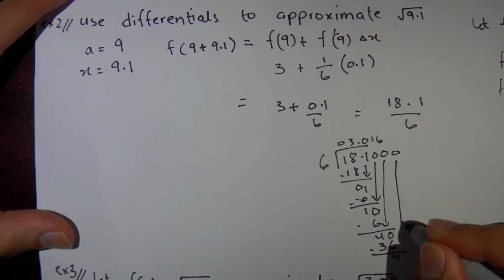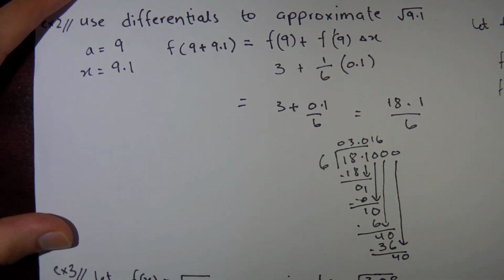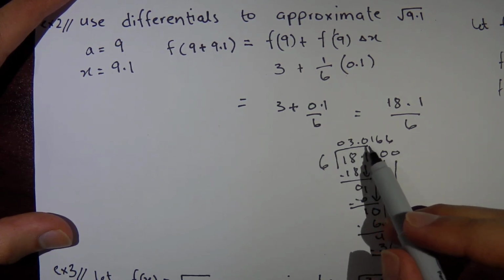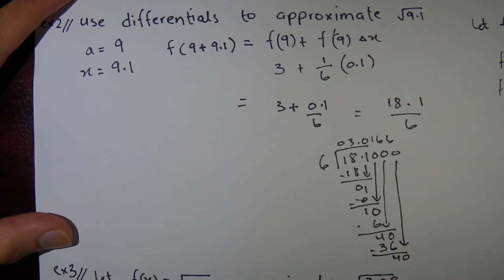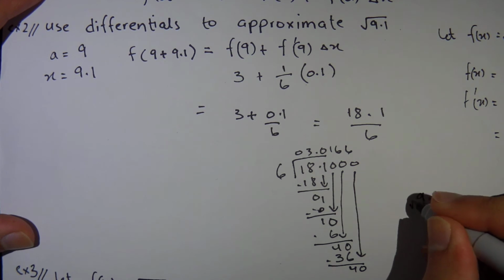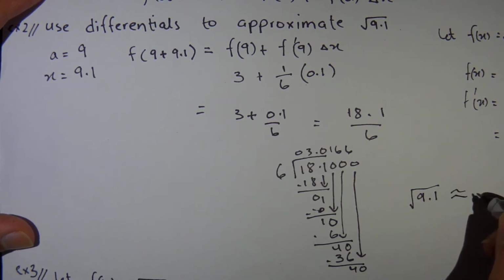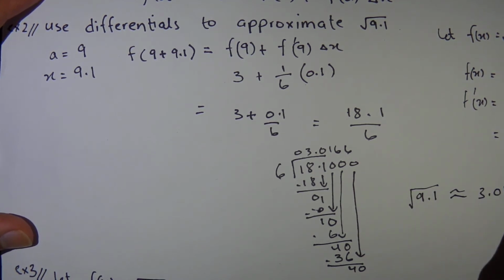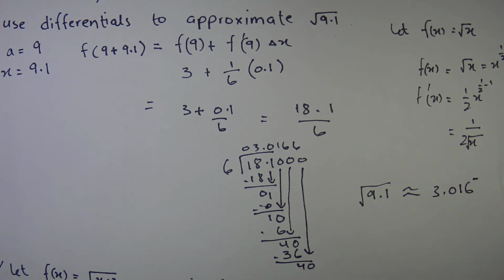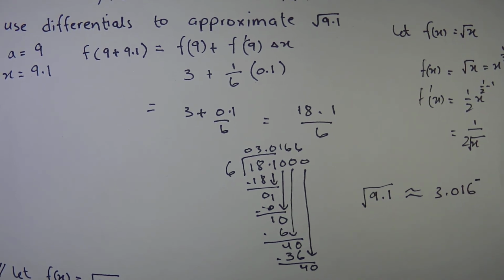Now if you notice something, we are headed for a dead end, a continuity of 6. So we'll have 3.016 recurring. So the approximate value of the square root of 9.1 is 3.016 recurring. That is through differentials.